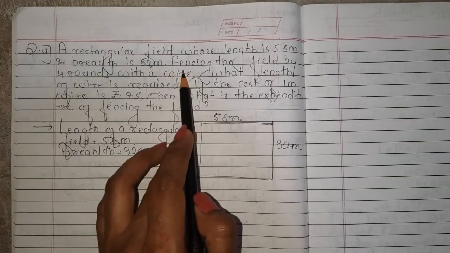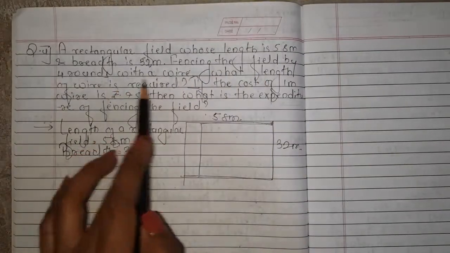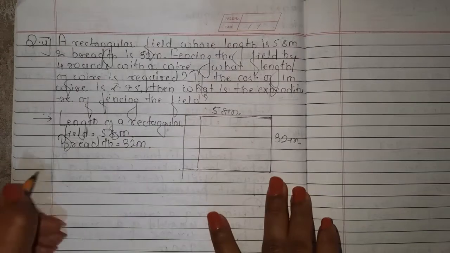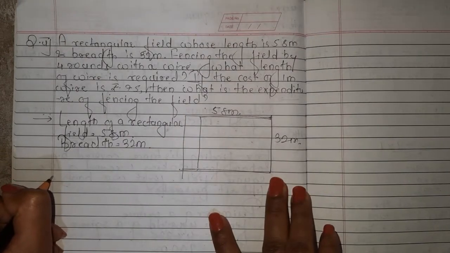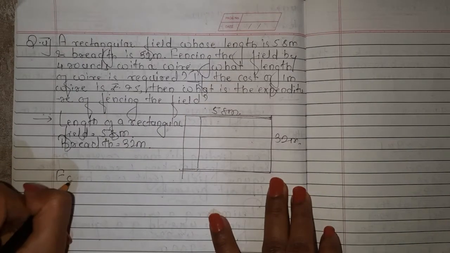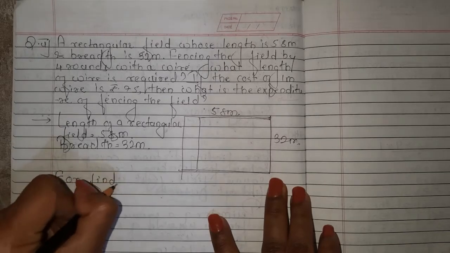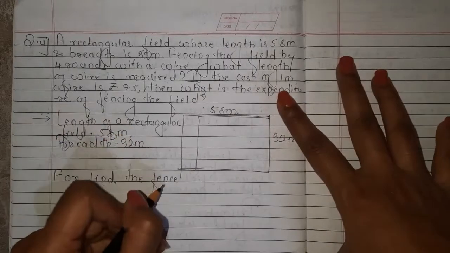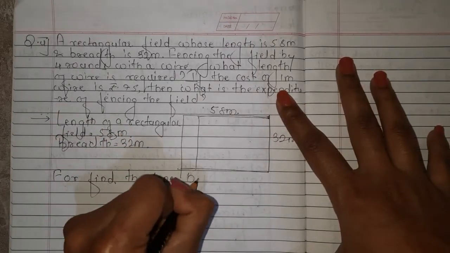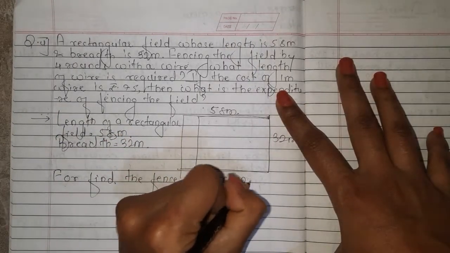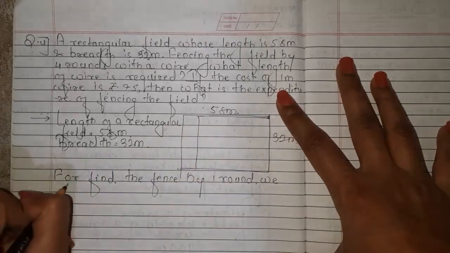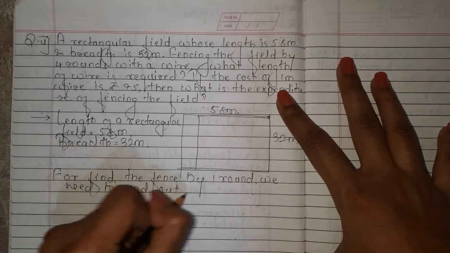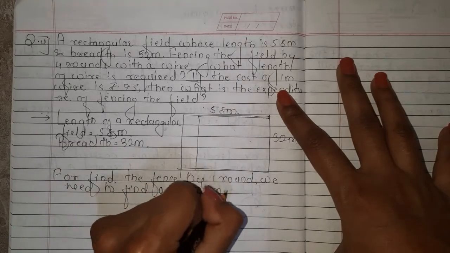Okay, by 1 round with a wire. Okay, by fencing of 1 round with a wire. So for finding the fence by 1 round, we need to find out perimeter.